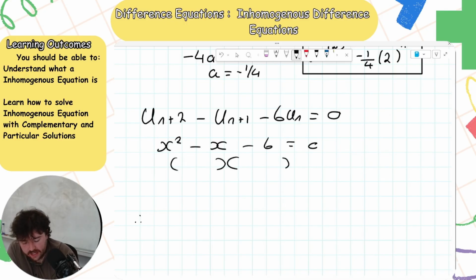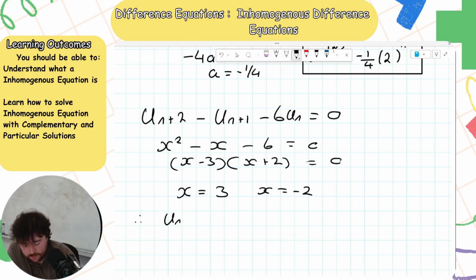Two numbers that multiply to get minus 6, but add to get minus 1. It's going to be (x minus 3)(x plus 2). So I'm left with x equals 3, x equals negative 2. So my complementary solution is just going to be L times 3 to the power of n plus M times minus 2 to the power of n.